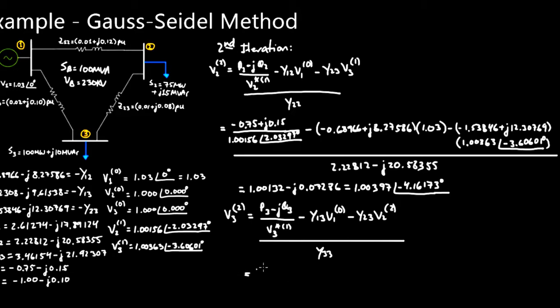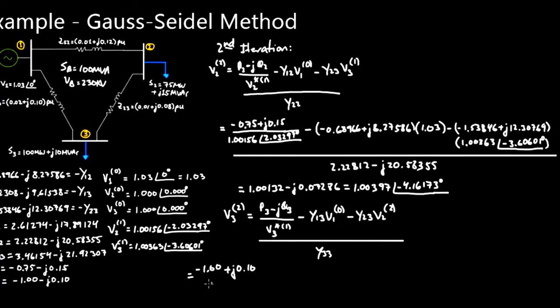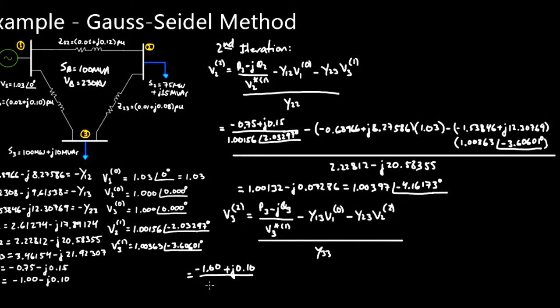We would get minus 1. And actually, let me try to write this down a little bit further to the left. So we get minus 1.00 plus J0.10 divided by the conjugate of this number over here. So V3 of 1 conjugate: 1.00363.